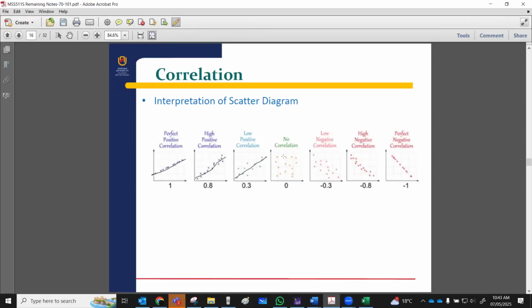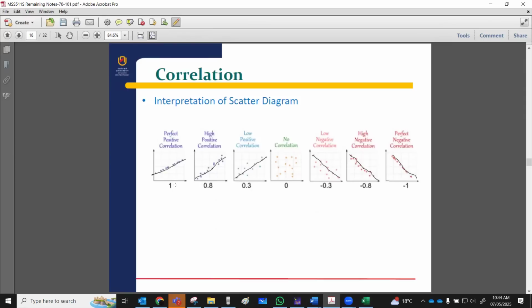And this one here just looks like random dots placed all over the place. You can't really say it's going up or going down. So this one, we would say that there is no correlation. And here there's a definite pattern going downwards, but because there are so many spaces there, we say it's a low negative correlation. And then this one, clearly downhill, there's a high negative correlation. And this one, it's almost perfect.